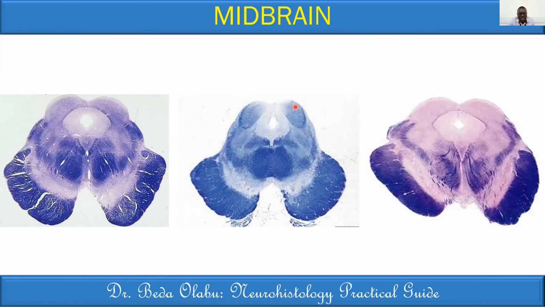And if these are inferior colliculi, then the nucleus you're seeing there is the motor nucleus of trochlea. This is a trochlear nucleus, as opposed to the nucleus you expect here, which is the oculomotor nucleus. The other things tend to continue to stand out. This is the substantia nigra, and this is the crus cerebri.